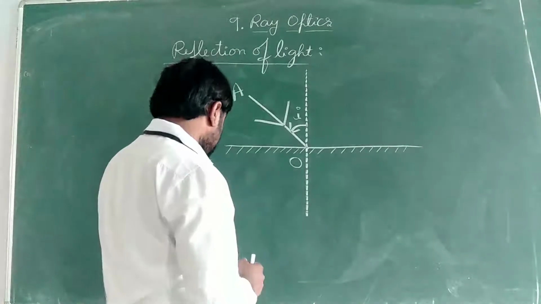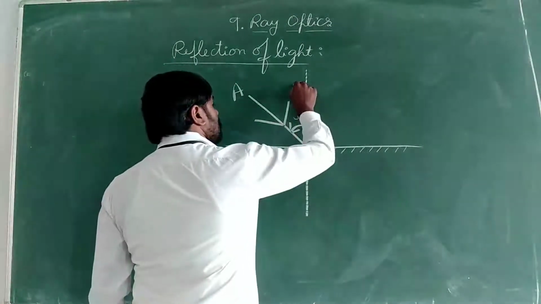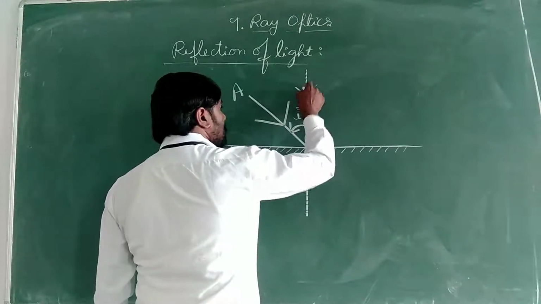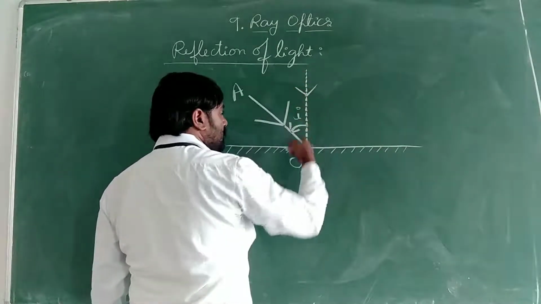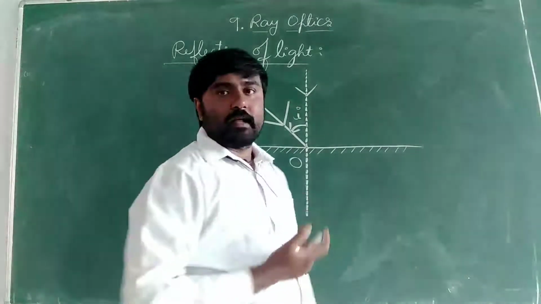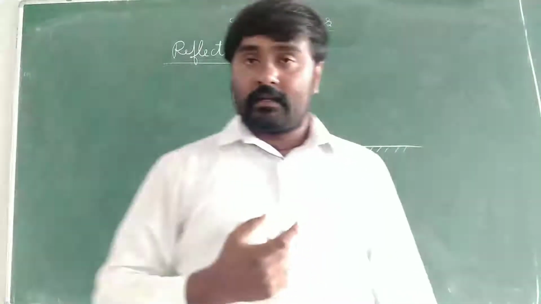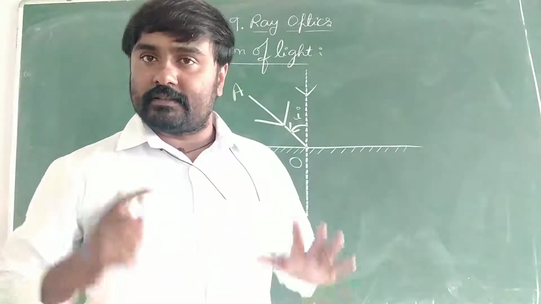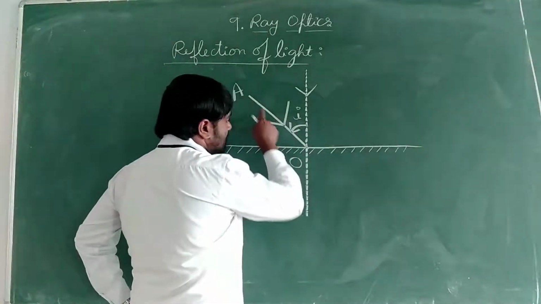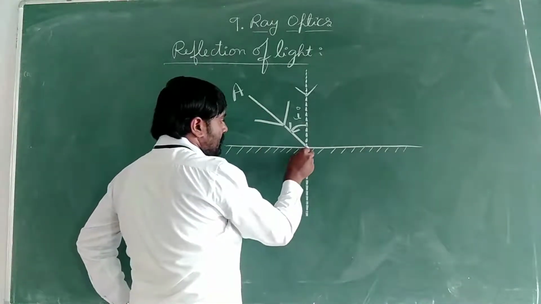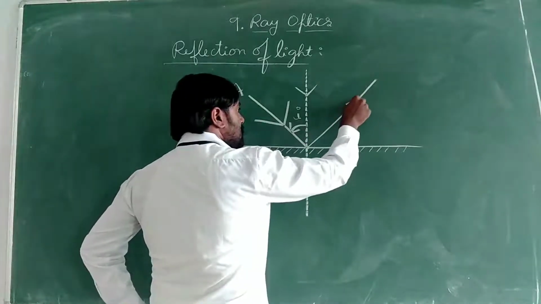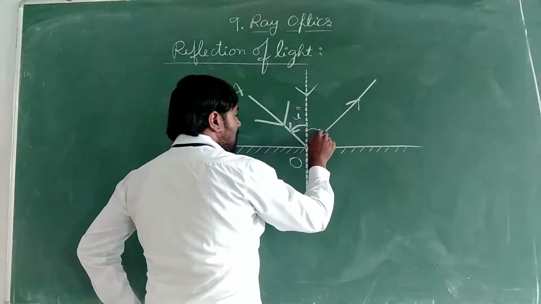Okay, suppose a ray is incident normally, then it retraces the same path. In that case, the angle of incidence is 0. When a ray of light is incident, it gets reflected at the same angle.